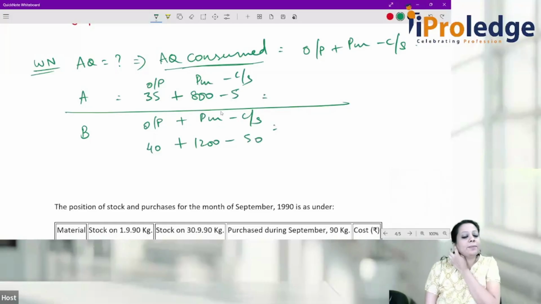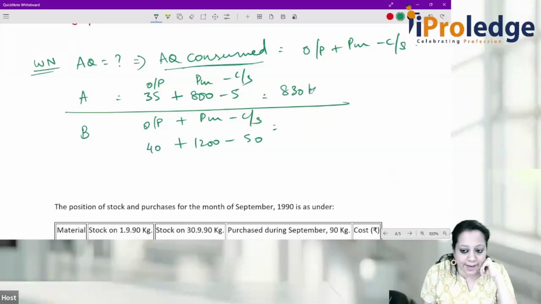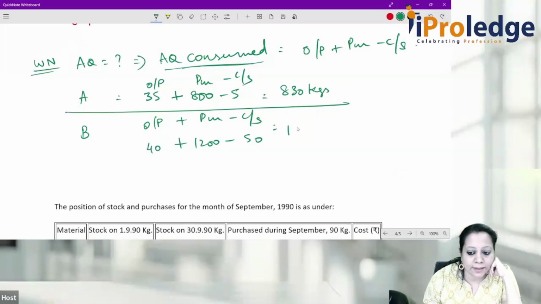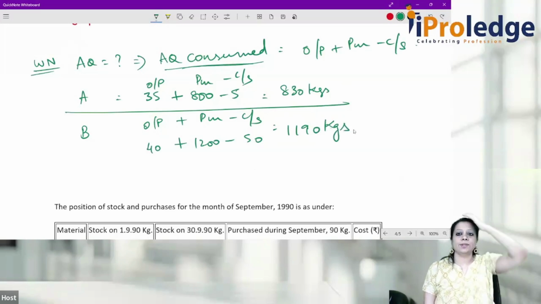So 35 minus 5 is 30. Is it 830 kgs? Right, ma'am. Then the next one is going to be 190. Okay, ma'am. Right, students, everyone? Okay. Now, this is the consumption.